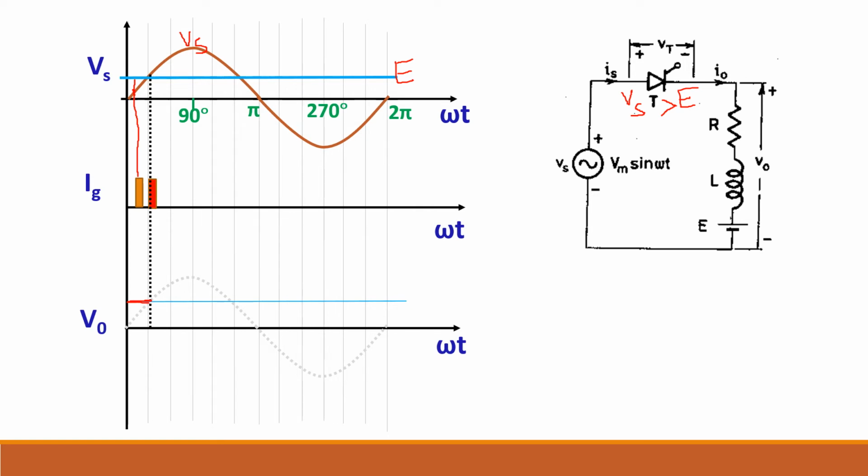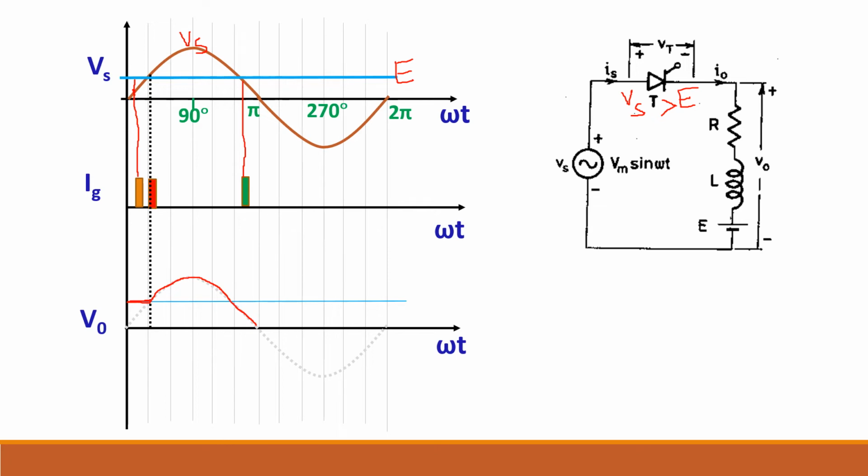After this, the SCR conducts and it follows the input waveform. Now if I give a gate pulse here, what happens? This point is after this junction. It means that Vs has become lower than E. Again at this point the SCR will not conduct.